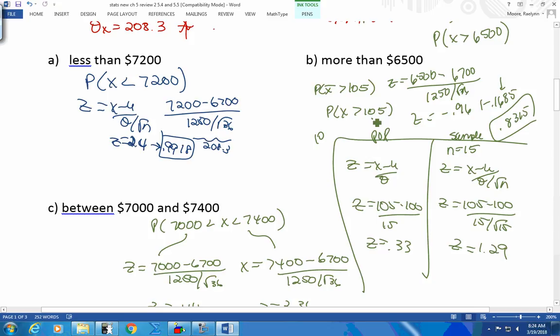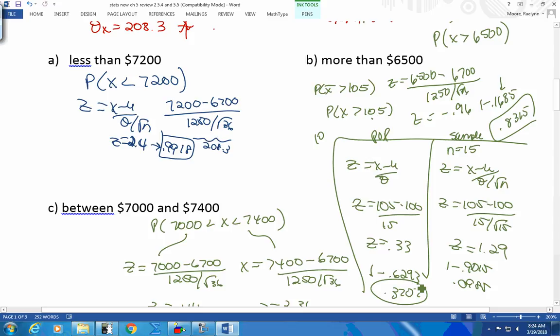Don't automatically assume it's the one with the larger z-score, because where is your area for greater than? To the right. So if I found this area, I'd be 1 minus this guy. If I found this area, I'd be 1 minus this guy, who has a bigger area, bigger percentage.